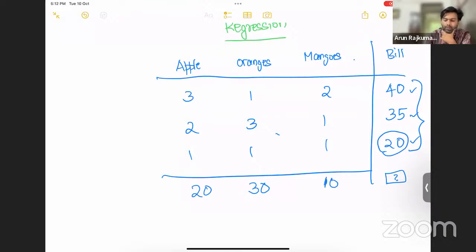So maybe if I change mangoes to, I don't know, what is the costliest fruit? Strawberries, or some expensive fruit. It may not be the same price, right? So the prices might be different. So we cannot decide just because the sum of apple, orange, and mangoes is 20, each of them has to be of the same price. That's not necessarily true.